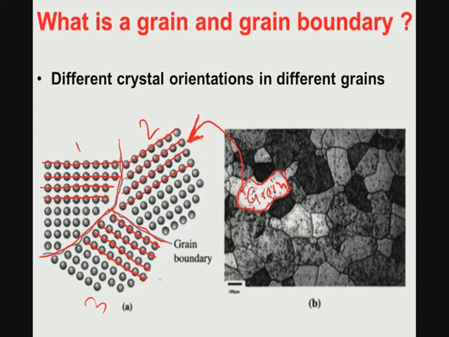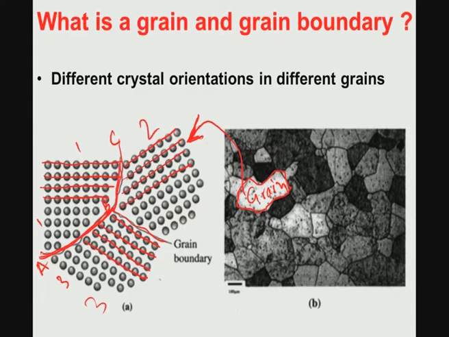So, if you consider the grain boundary lengths AB and BC, AB essentially is the boundary between grain number 1 and grain number 3, and this is the region of misorientation, because here the orientation of the atoms is neither that of grain number 1 nor that of grain number 3.